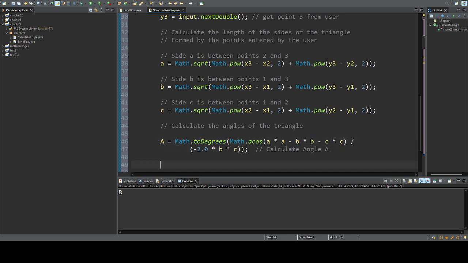So let's calculate angle B. Again, we're going to want to see this in degrees. Since we're on angle B, the B will be the positive one, and then it will subtract the other 2 sides.